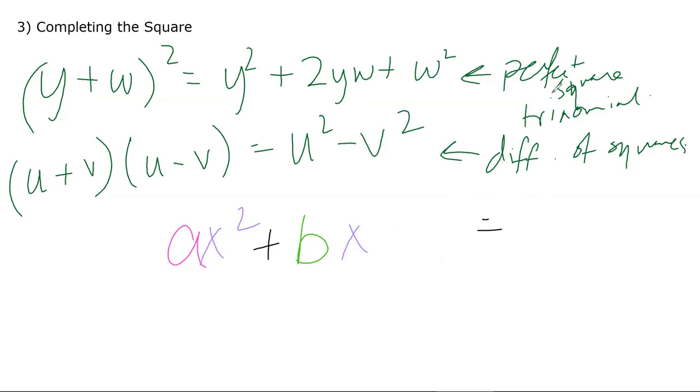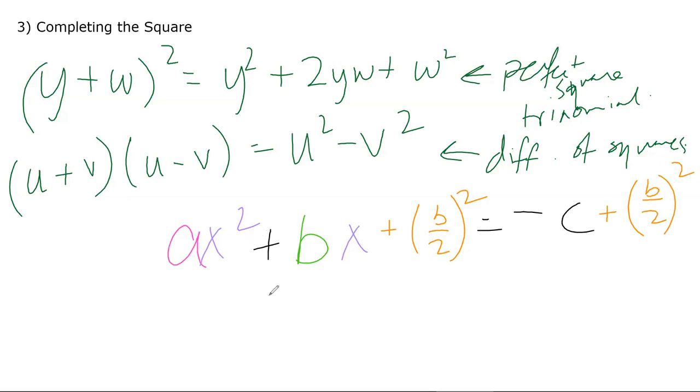That's going to be negative c here. And now we're going to add a new term, b over 2 squared. Whatever this value of b is, we divide it by 2, and then we square it. And whatever we do on one side, we have to do on the other side.